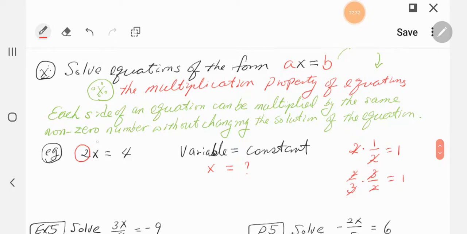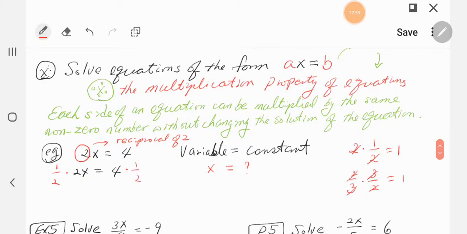Let's say 2x is equal to 4. Let's multiply each side of the equation by the reciprocal, which is 1 over 2.